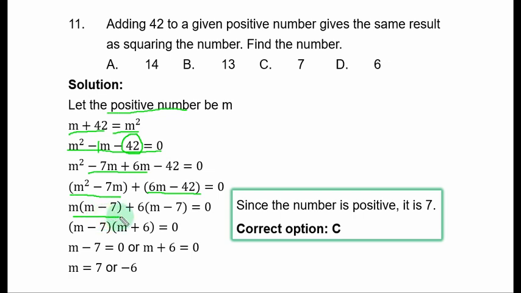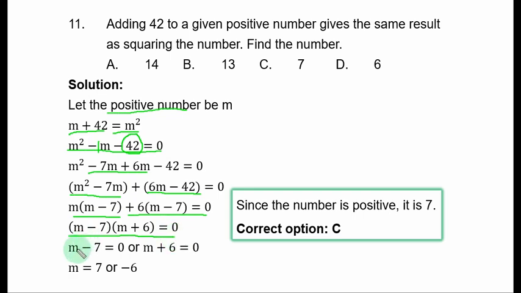From the second group, you factor out 6, and you have plus 6 bracket open, m minus 7 bracket close equal to 0. At this point, m minus 7 is common. If you take it out, you are left with m plus 6 that will form the second bracket.